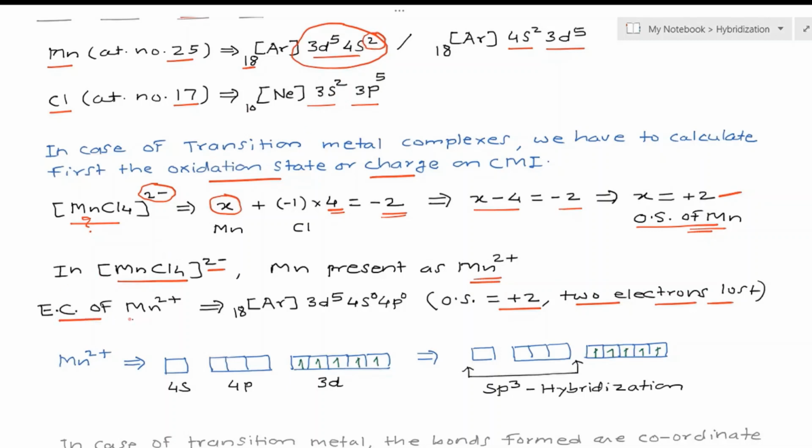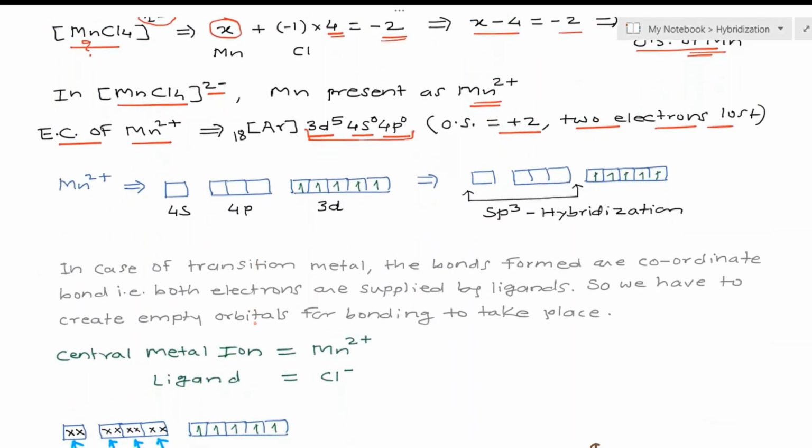So the electronic configuration of Mn2+ becomes 3d5 4s0, and the next orbital is 4p0. The valence shell electronic configuration of Mn2+ becomes 3d5 4s0 4p0. Now draw the box diagram of that valence shell configuration: 4s has 0 electrons, 4p has 0 electrons, and 3d has 5 unpaired electrons.